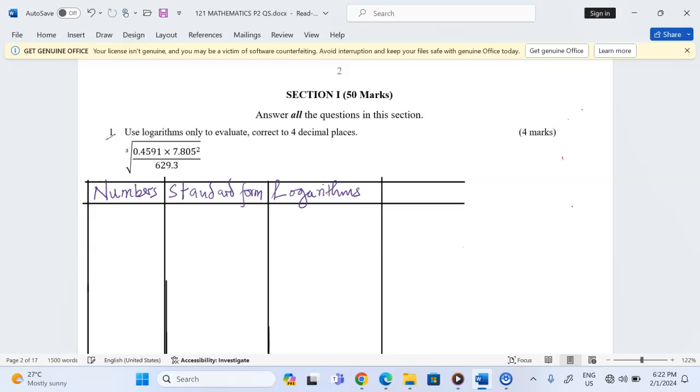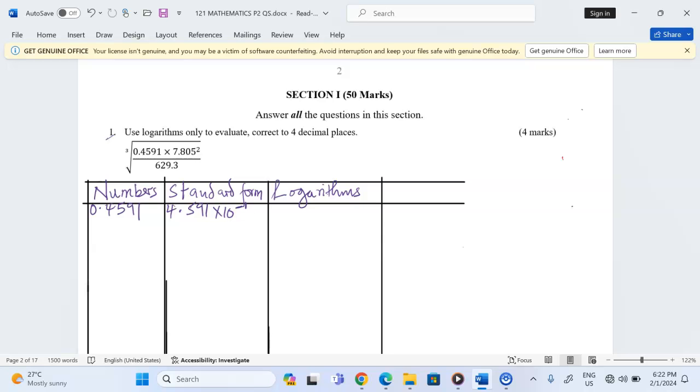The first number is 0.4591, so we have it as 4.591 times 10 to the power of -1.